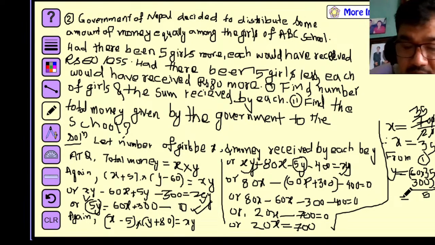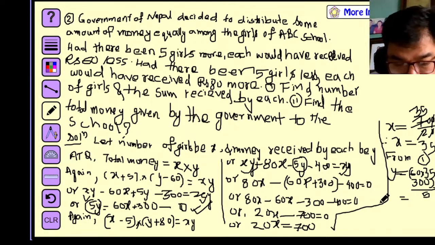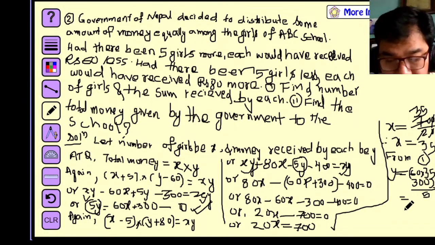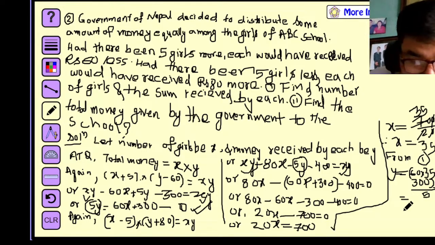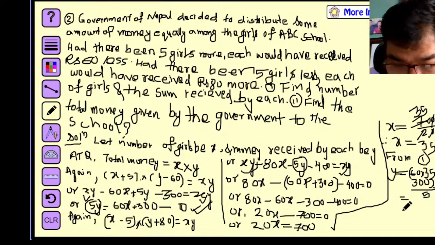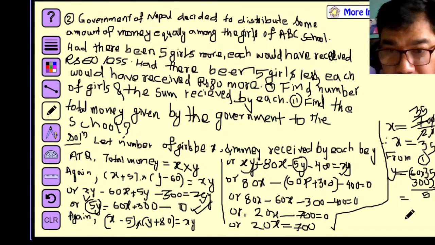That means 2400 divided by 5, then the y value comes.